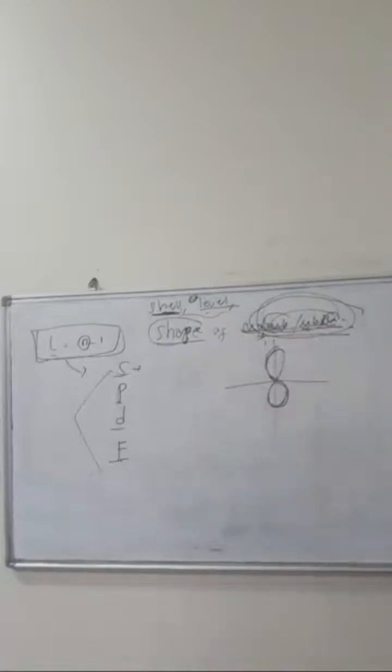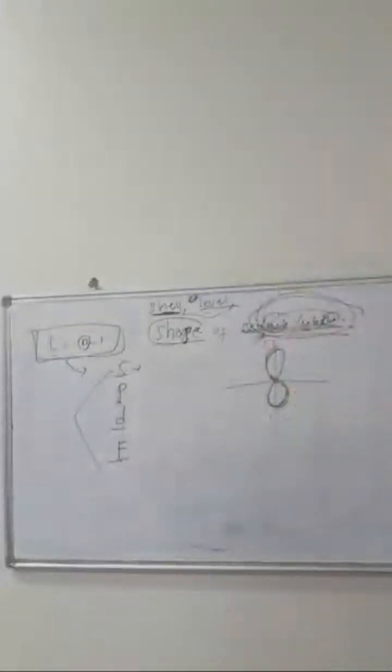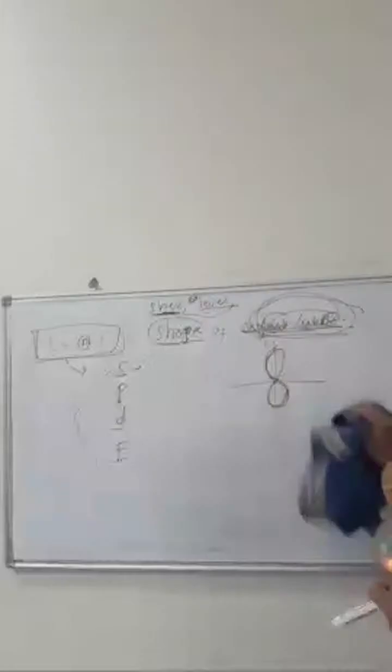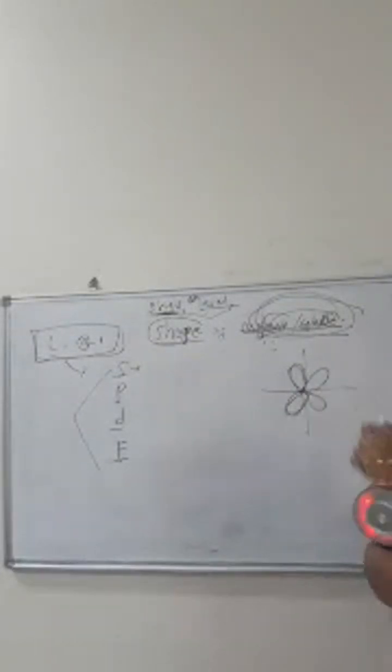So this is our P. You get the point? Our D will be like that. Turn, like that.